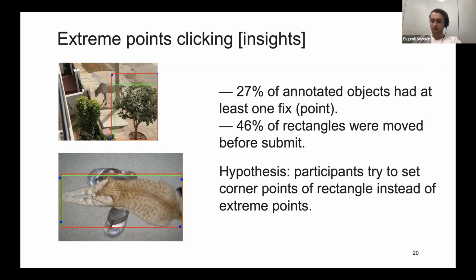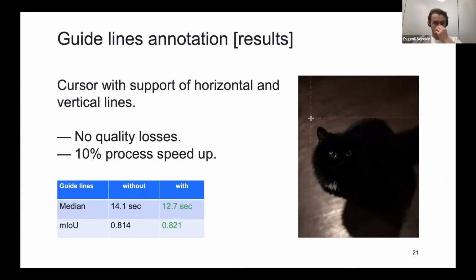But we have good results as well. Guidelines annotation. We simply improved an old method of rectangular annotation by adding guidelines, which help Toloka annotators understand, with horizontal and vertical lines, the projection of your object, where it will be.